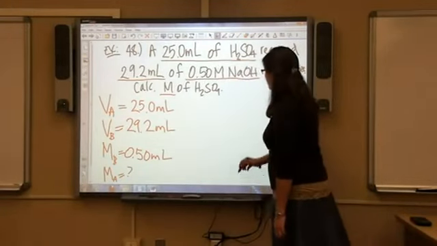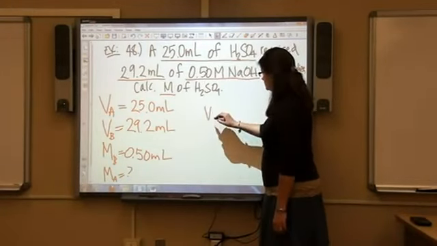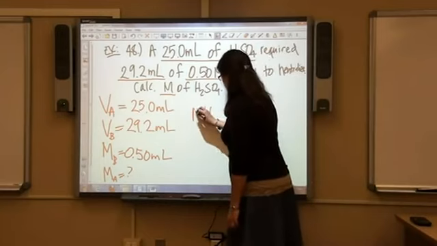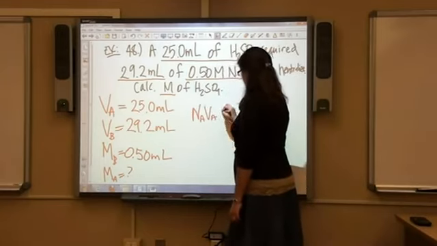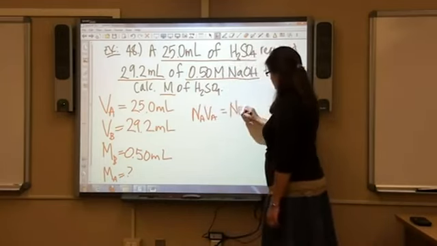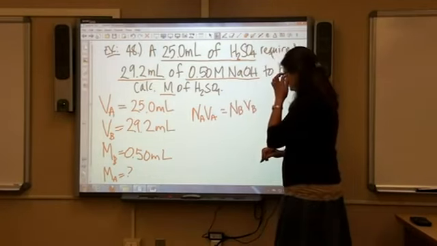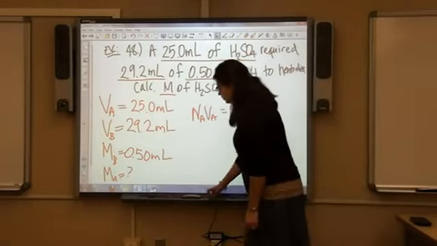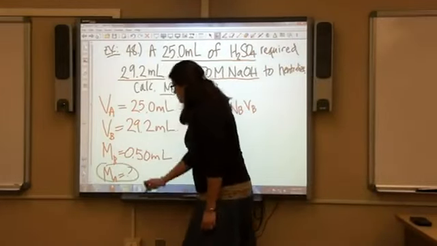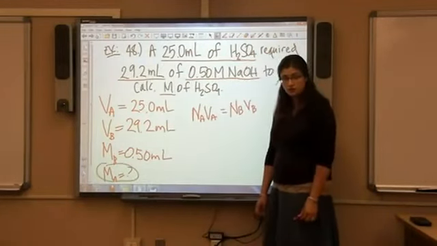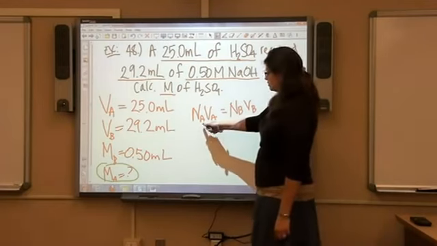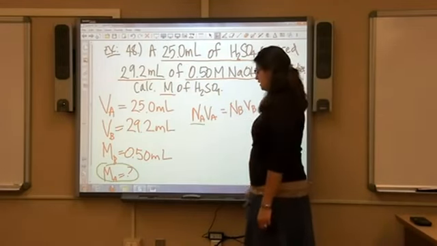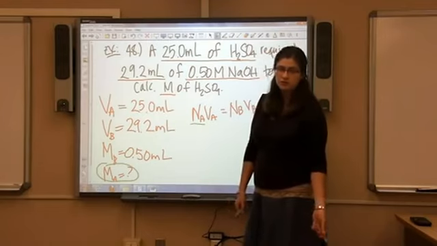Okay, so let us set up our equation. Write down our equation: NA VA equals NB VB. Okay, what are we needing to solve for here? Well, we're looking for MA, but MA is not in this formula. The only thing we don't know though is this NA. So we're going to start out by solving for NA.